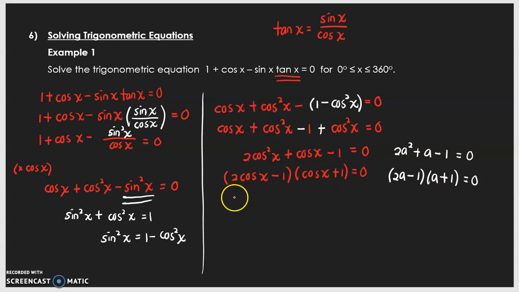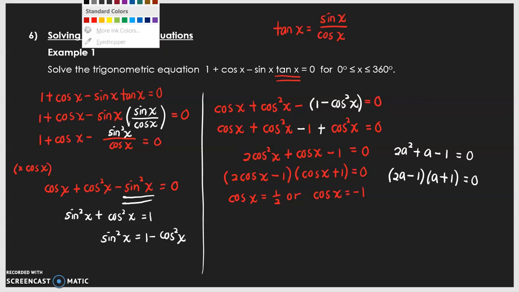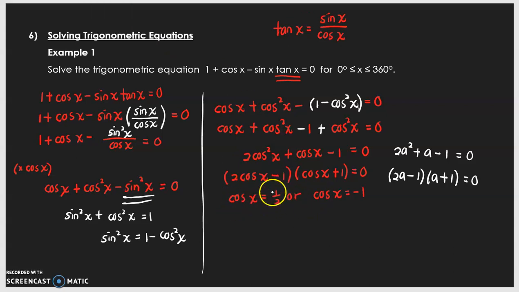So finally, cos x is equals to 1 over 2, or cos x is equals to negative 1. We need to find the value of x. So for cos to become positive, it can be in quadrant 1 and quadrant number 4. Whereas for cos to become negative, it can be in quadrant 2 and quadrant 3.